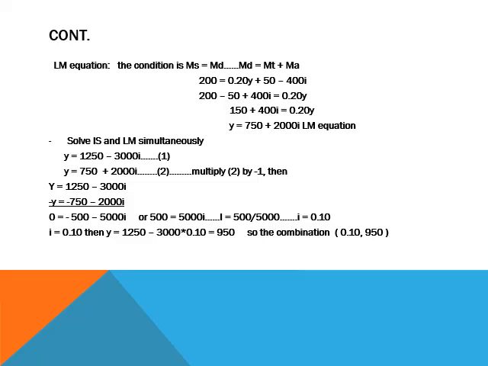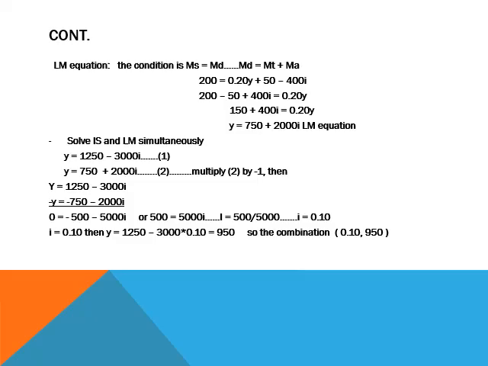Solve IS and LM simultaneously. Now, by multiplying equation 2 by -1, then y equals 1250 minus 3000 i, and negative y equals negative 750 negative 2000 i.